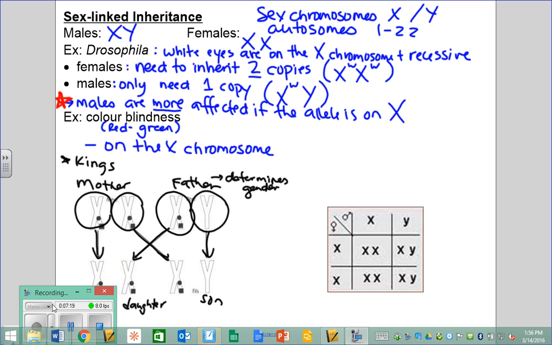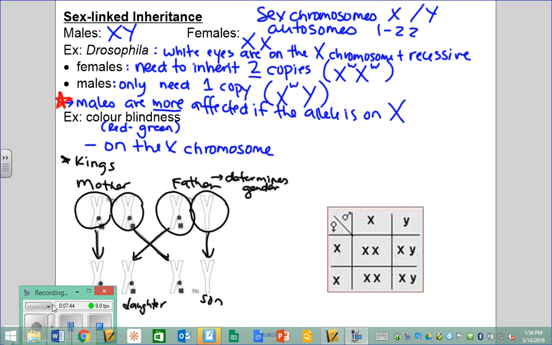Because the father is the one that has two different sex chromosomes. If the father contributes an X, the result is a daughter. If the father contributes a Y, the result is a son. So every king who ever had his wife's head chopped off for not having sons should have chopped off his own head because it was his fault. So fathers can give either chromosome.